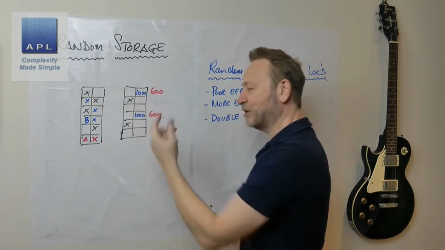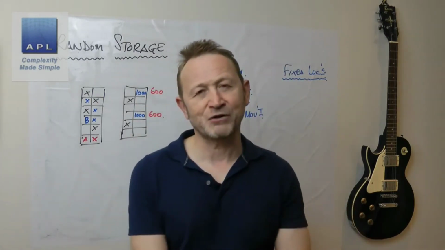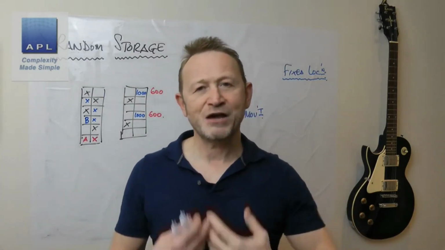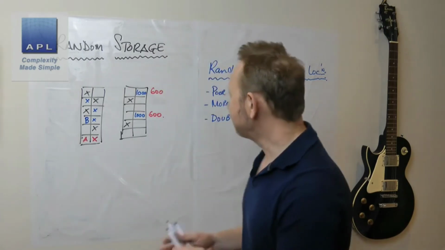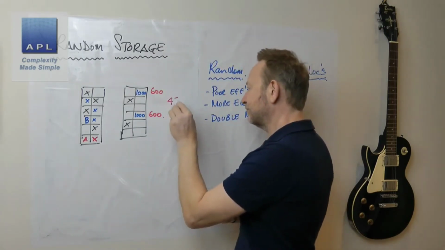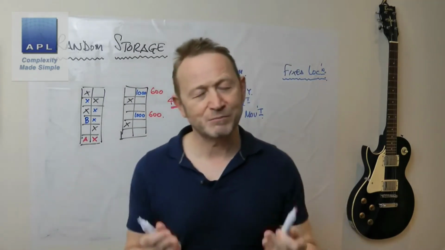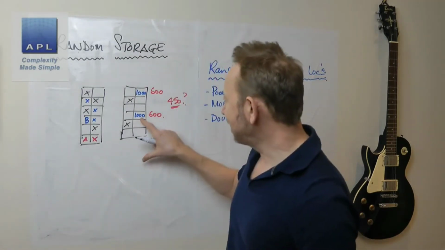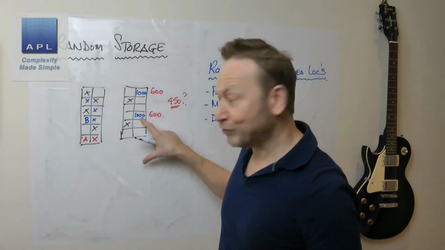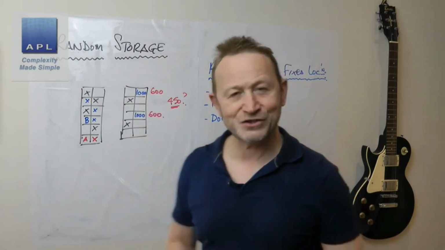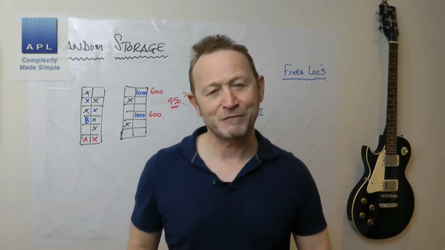Of course, what do you get? Well, you get 400 left in those 2 locations. So now the next pick, if the next pick is for 450, what does the computer have to do? Well, it has to send you to get the 400 from here, and then it has to send you to get the 50 from there.